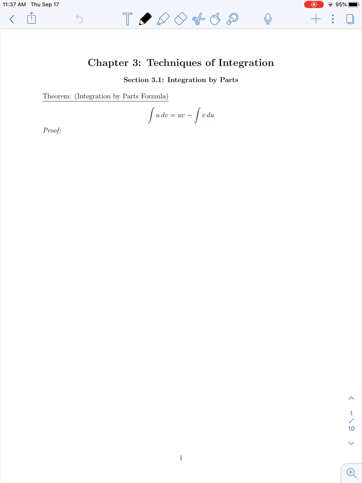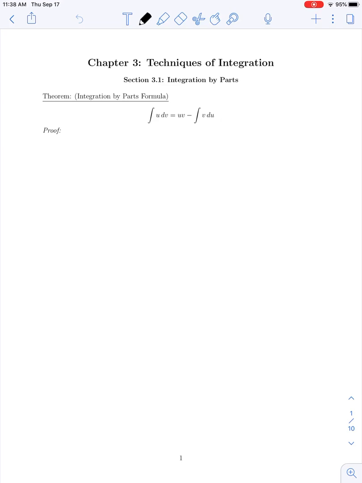Something that's often a little bit challenging for students is determining when you should use a particular technique of integration. If I just give you an integral, how do you know which of the techniques you're supposed to use?